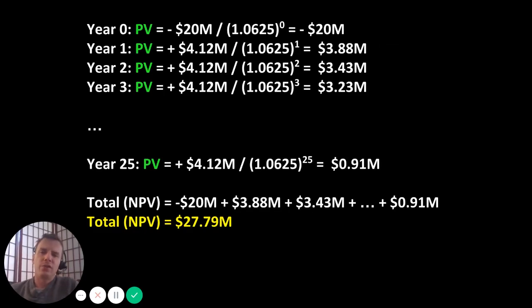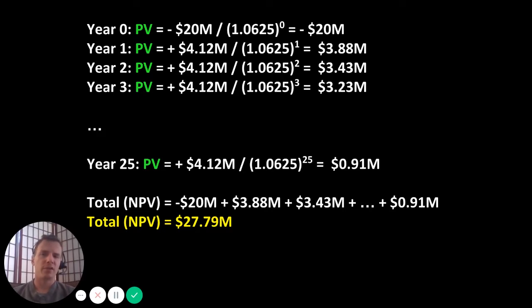And so all we have to do is go back to our discounted cash flow analysis and simply add up all the present values that we calculated for each future value in years 0 through 25 of the project. Remember, in year 0, the present value was just the initial money that the shareholders paid out to help finance the project, so minus $20 million.